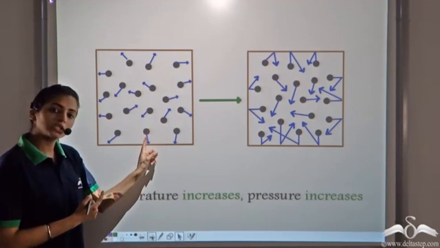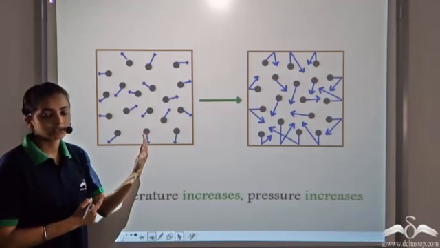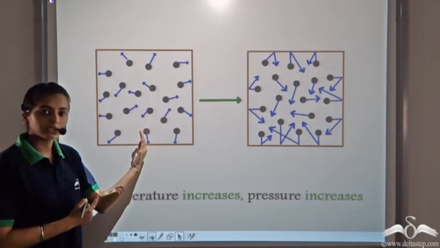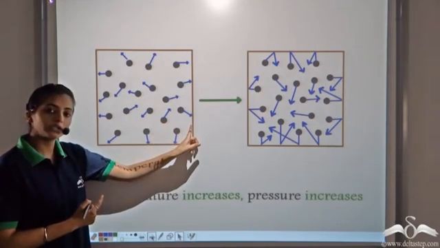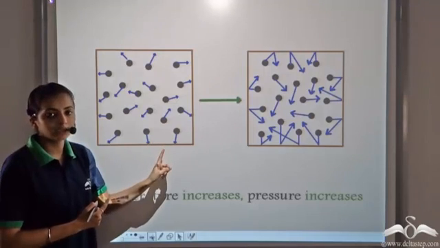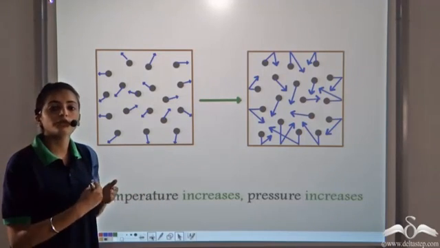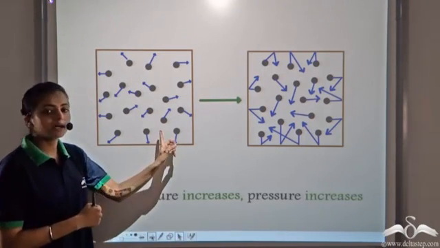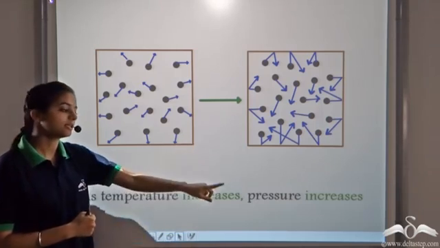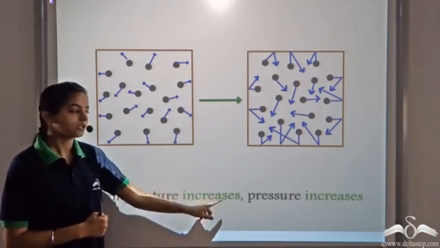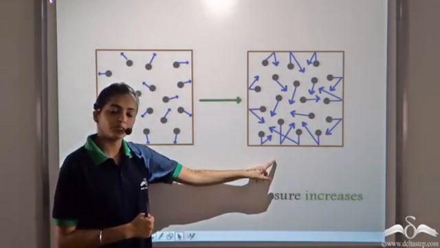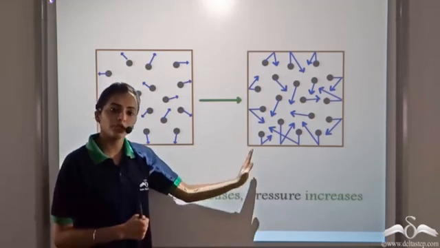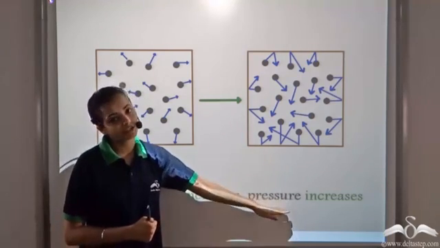As the kinetic energy increases, the speed increases. As the speed of the particles increases, the number of hits per unit time on the walls of the container increases. And we know the number of hits per time is the pressure. So as the number of hits per time increases, the pressure increases. That is why when we increase the temperature, the number of hits per unit time increases, and so the pressure increases.